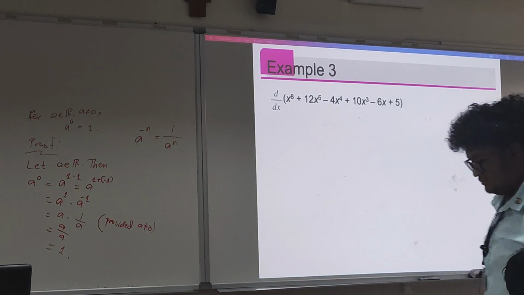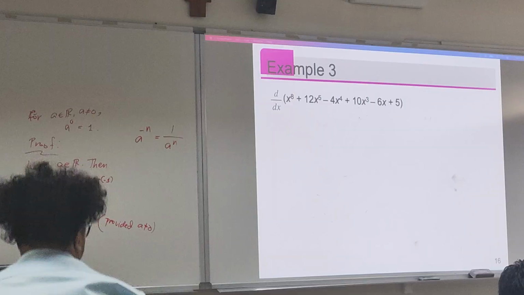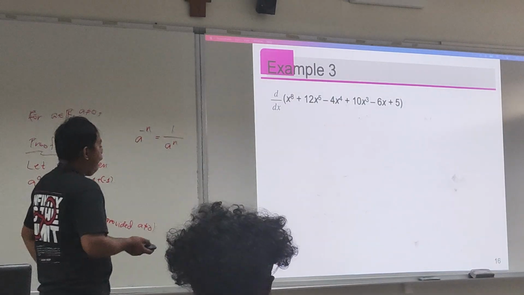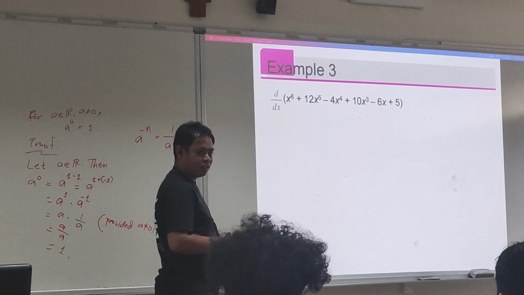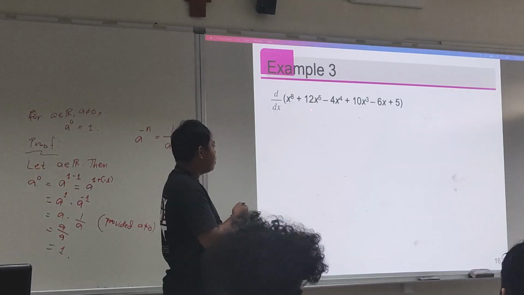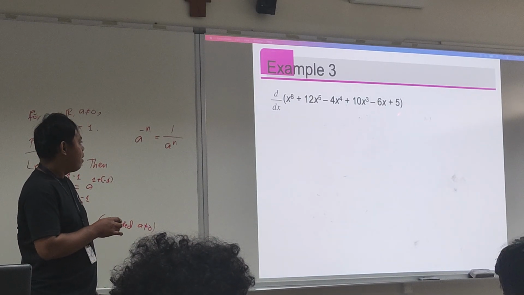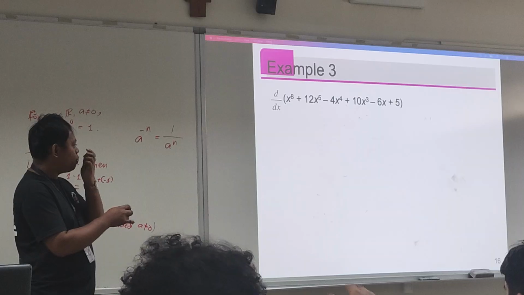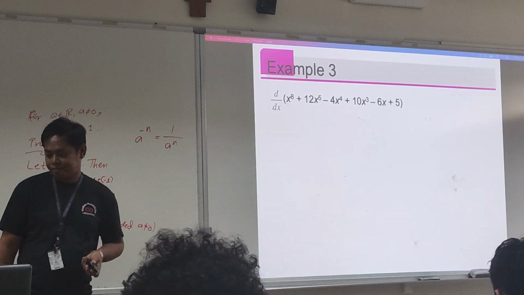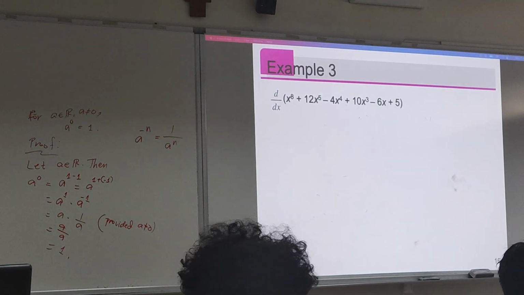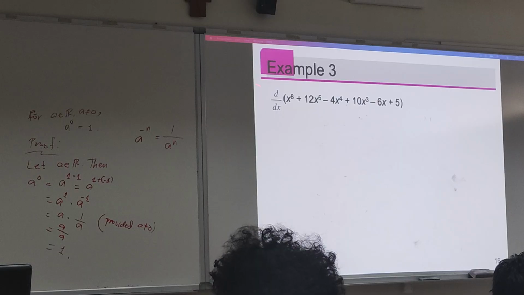So let's consider this given example here. We have to take the derivative of x raised to 8 plus 12x to the 5th minus 4x to the 4th plus 10x cubed minus 6x plus 5. First, we use the sum rule and the difference rule, so that we get the same derivative for each term.